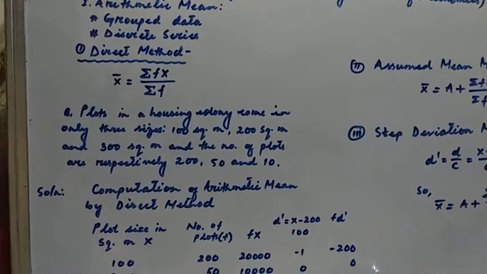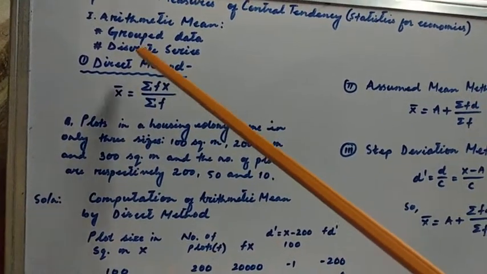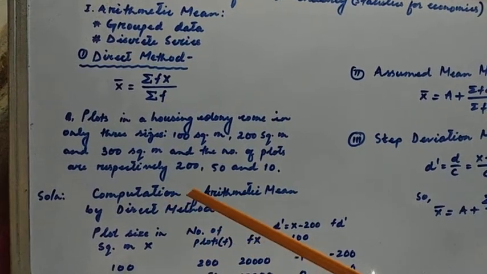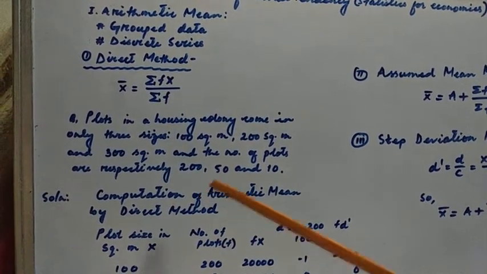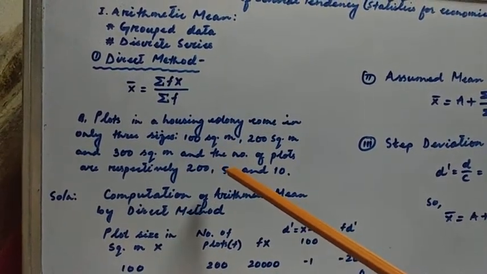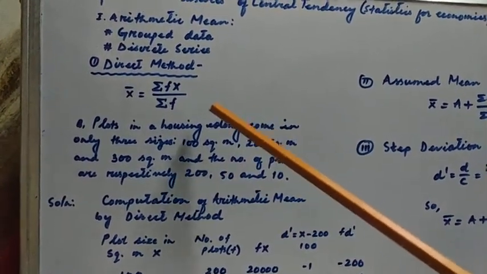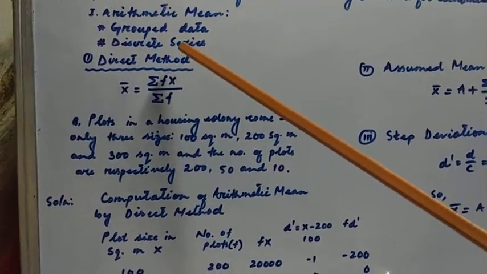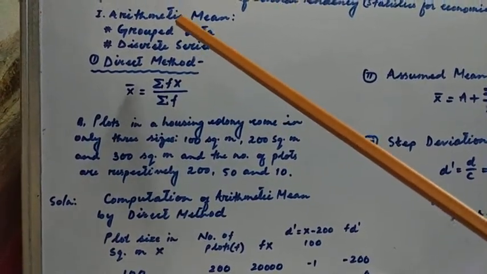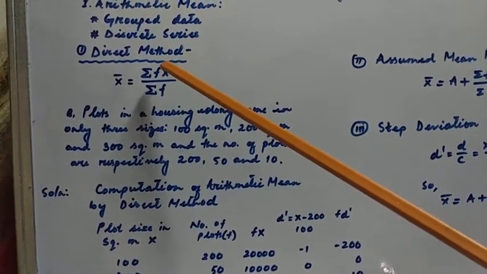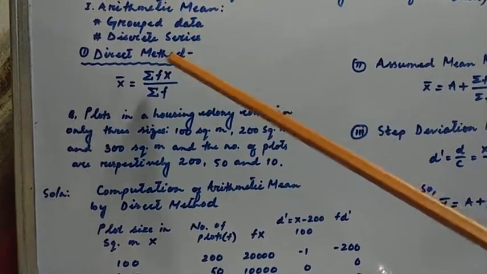In case of discrete series, the frequency against its observation is multiplied. By what?